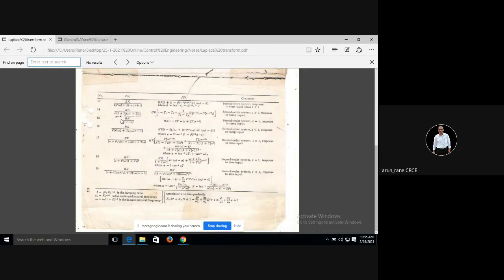My Laplace form is hk upon s square into 1 plus t1s into 1 plus t2s. This is my Laplace form, and I will get its time domain form directly from the table. So now I will substitute the time domain result.